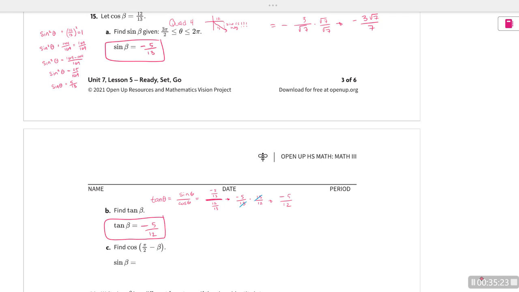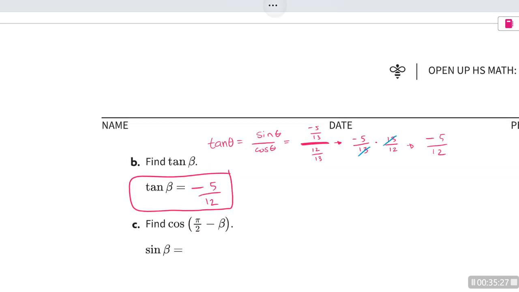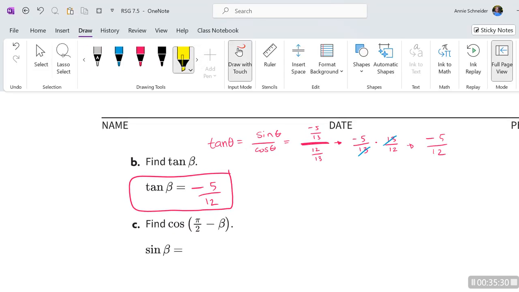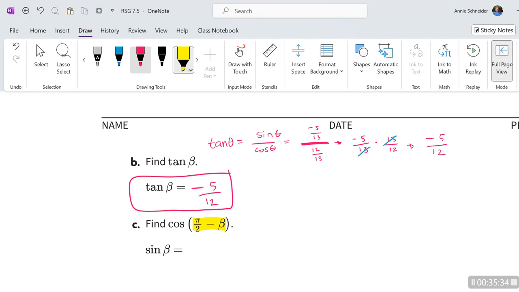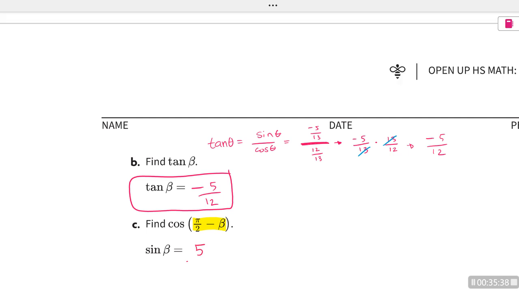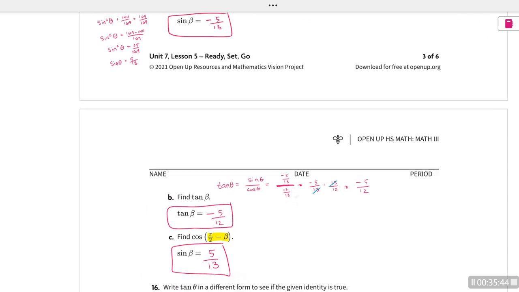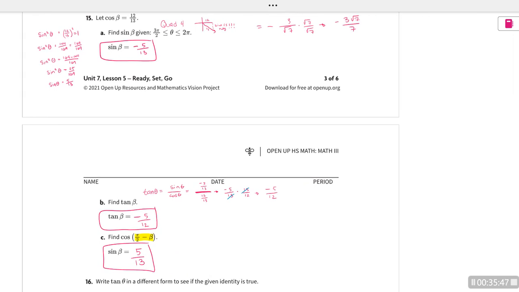The fastest way to get this, we want to think this is essentially going to shift it up a quadrant. So we're going to shift up a quadrant, which will give us a positive value instead of a negative value for sine. So sine of beta would be 5 over 13 instead of negative 5 over 13.